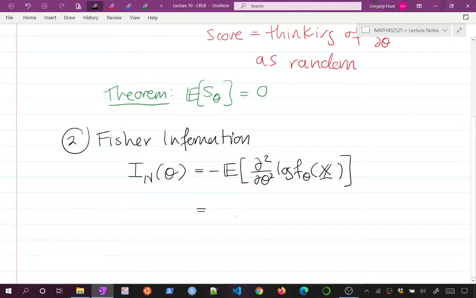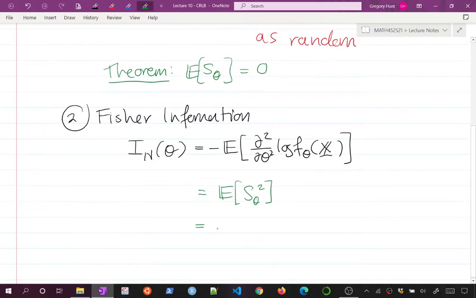We showed that this is equal to the expected value of the score squared, or the way I like to denote it, the expected value of DLD theta quantity squared.